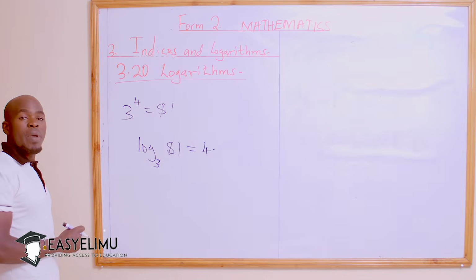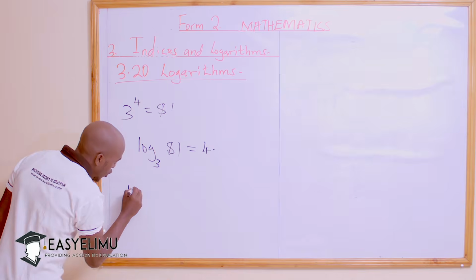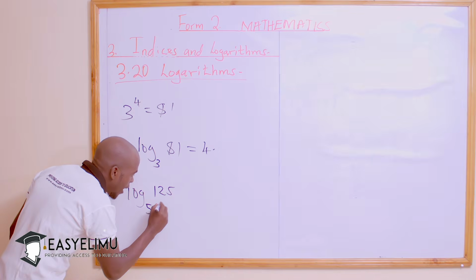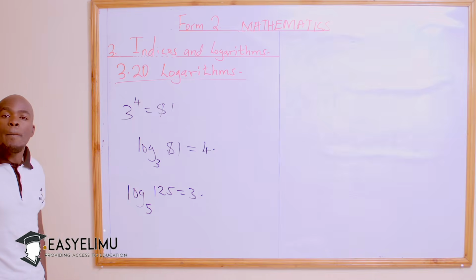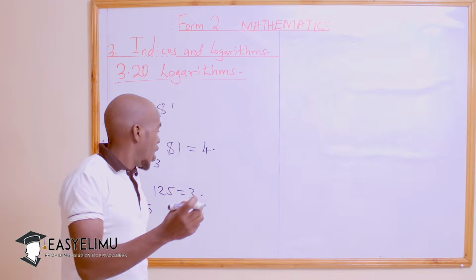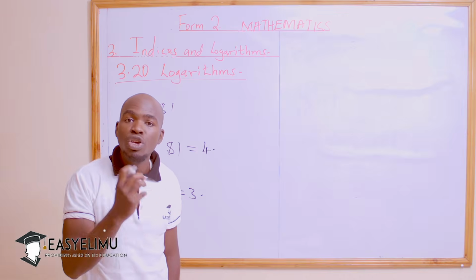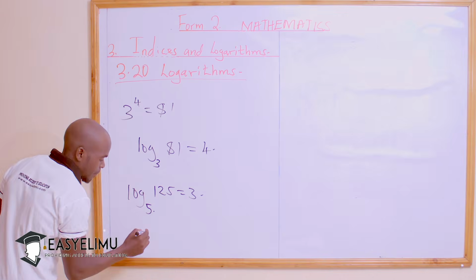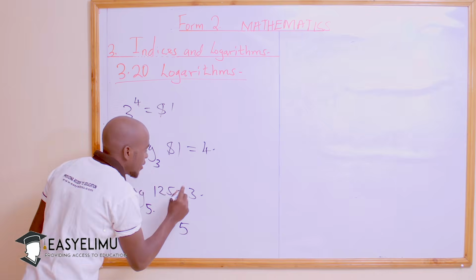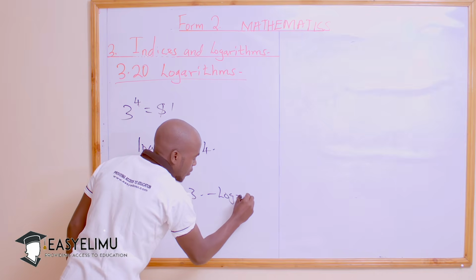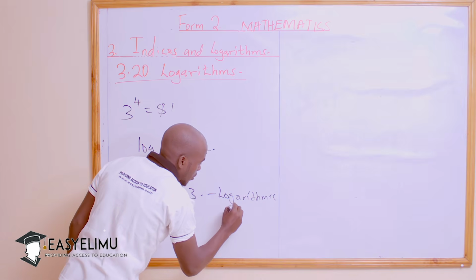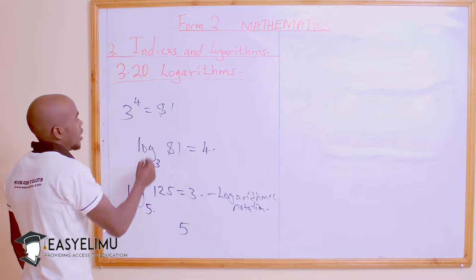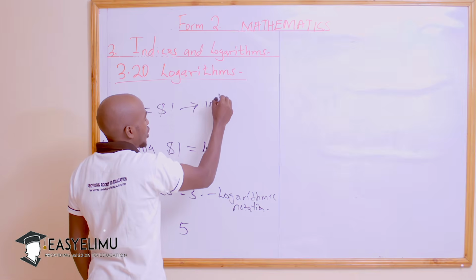And in case you have been given a number like logarithm of 125 to the base of 5 equals 3, and you are asked to rewrite that into index notation, what you do here is you write 5 down here. This is in logarithmic notation. And the other one which I want to write here is index notation.